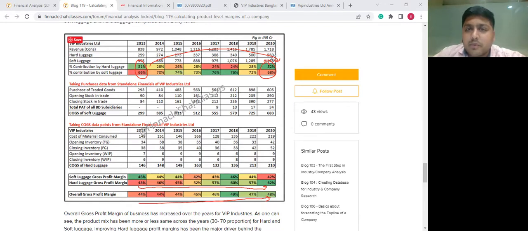So a product which is of a constant mix, but had its profit margin increase over a period of time, started impacting the overall profit margin in a positive manner. So the secret behind increasing profit margins of VIP Industries is their hard luggage segment. Their hard luggage profit margin improvement over a period of time has been the secret behind the overall profit margin increase of VIP Industries across 2013 to 2020.